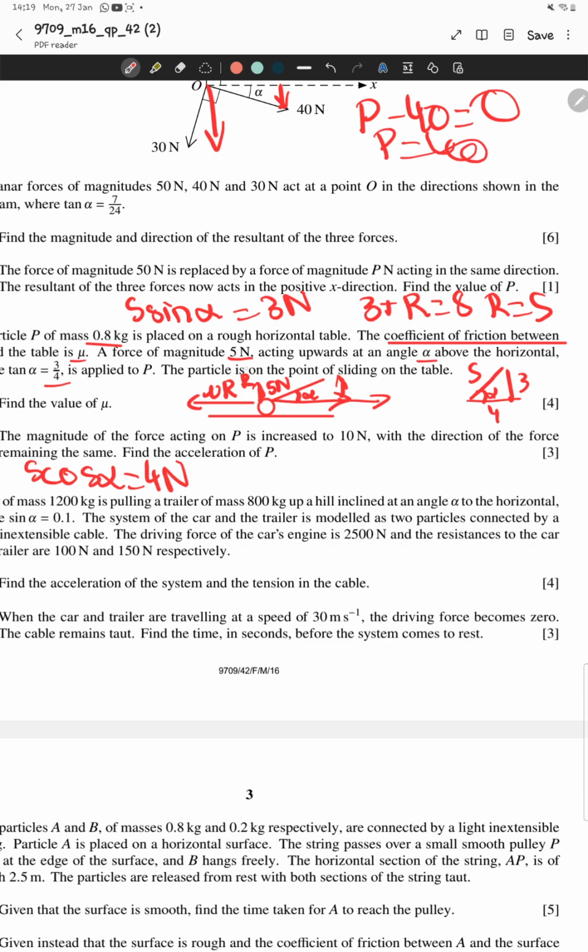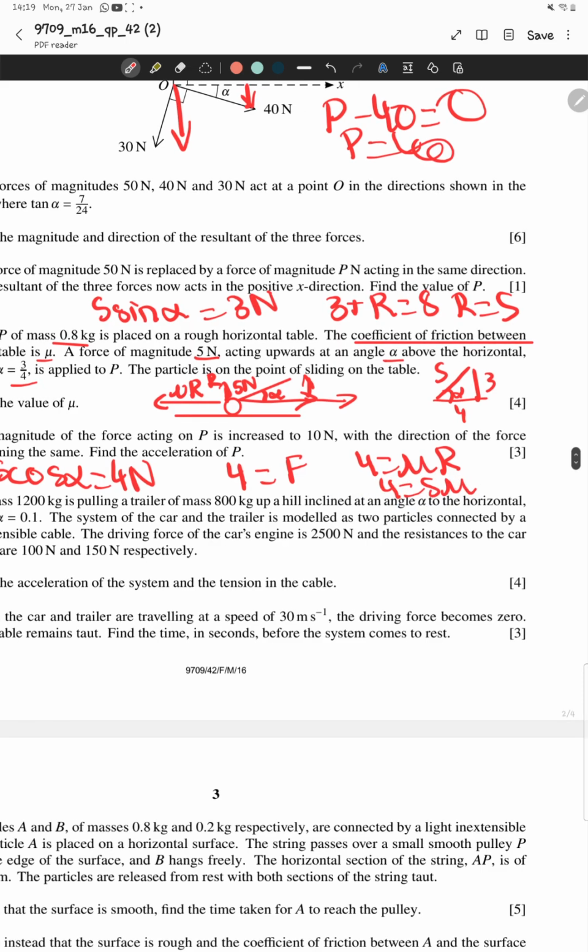Since the particle is on the point of moving, the backward force and forward force are equal. So 4 is equal to the friction force, and the friction force is just mu R. So 4 equals mu R, and R is 5, so 4 equals 5 mu. From this, you get the value mu equals 0.8.